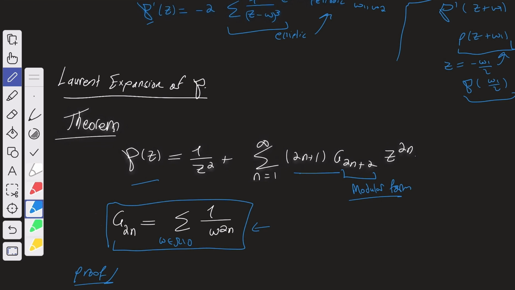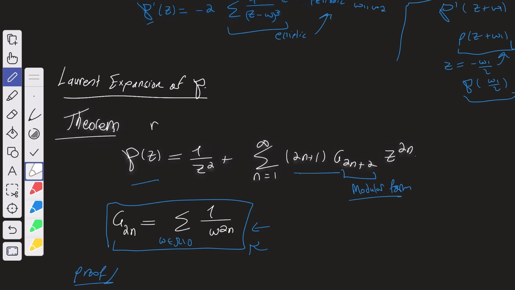We're going to talk about this in the coming video, but for now let us complete the proof of this theorem, and in the coming video we're going to talk about the reason why these are actually modular forms. We're going to prove that the Laurent expansion of p of z takes this form. However, there's a little technicality that we need here. This is not true for every z.